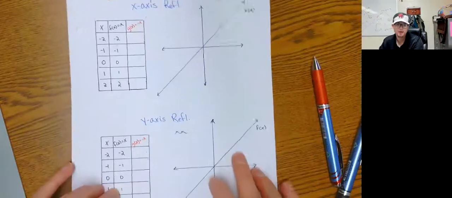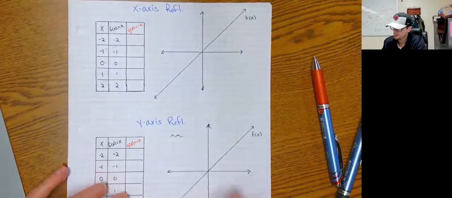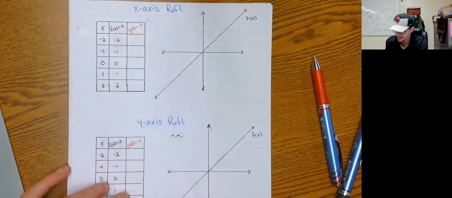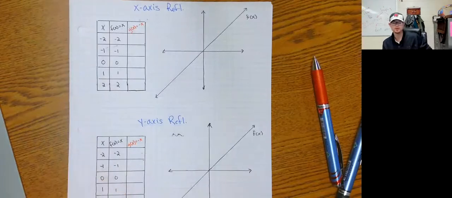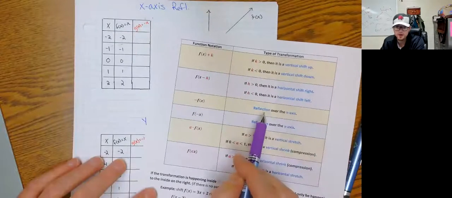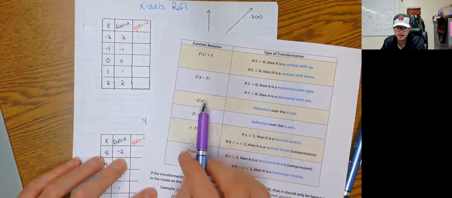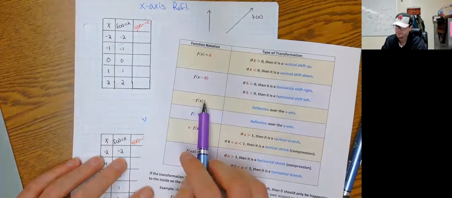This is going to be another special case, but they're back-to-back special cases. Again, only for when we're transforming the parent function of a linear function. Okay, so x-axis reflection. I'm going to pull out my guide, my notes. A reflection over the x-axis is multiplying the whole function by a negative. We're going to multiply everything by a negative, right?